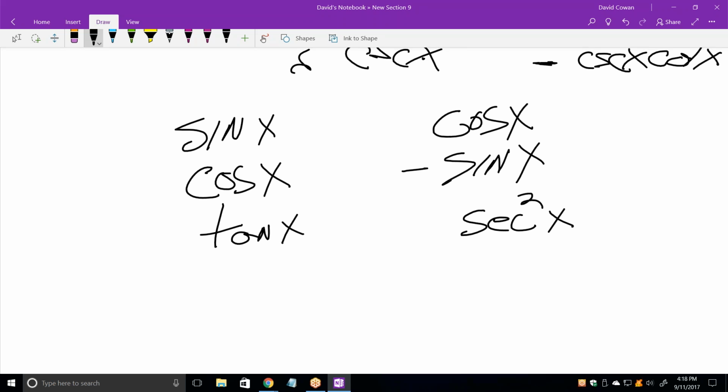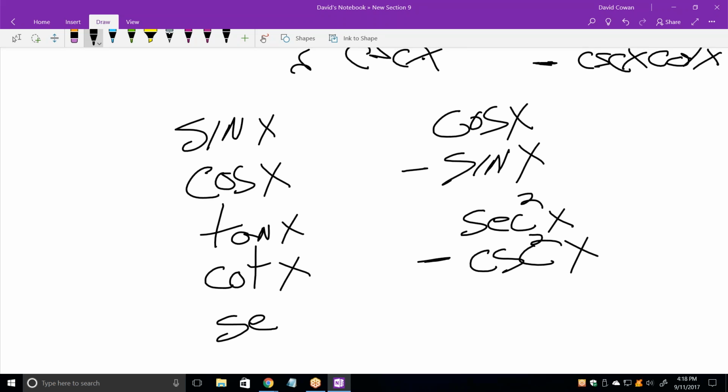Now that should allow you to figure out the derivative of cotangent x. Cosecant squared. Remember, all of the co functions start with a negative sign, always. All three cofunctions, their derivatives begin with a negative sign. Okay. And what's the rest of it? Negative cosecant squared of x. You got it. And finally, secant of x.